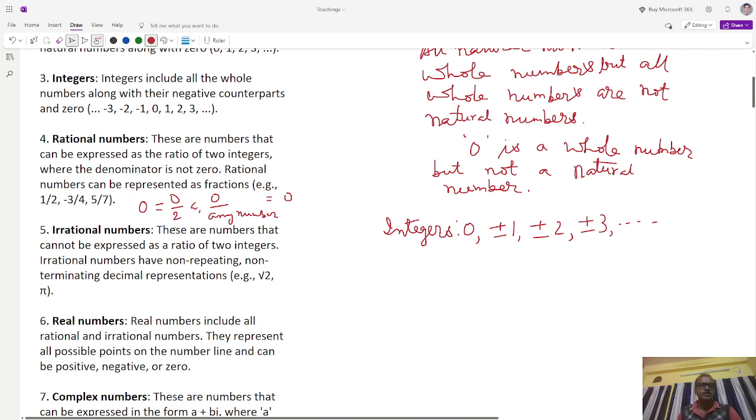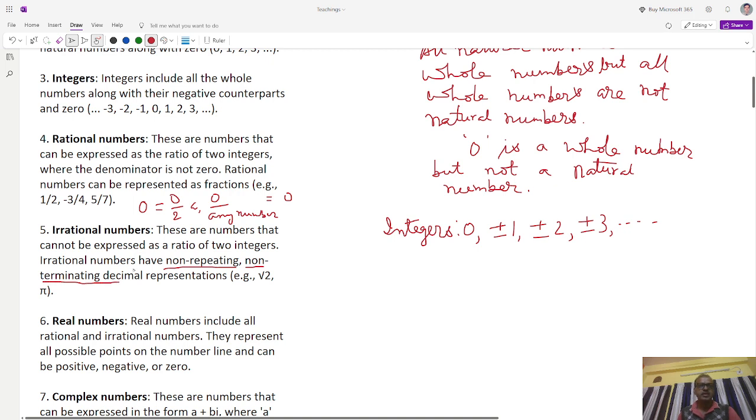Now, irrational numbers. These are numbers that cannot be expressed as a ratio of two integers. Irrational numbers have non-repeating, mind it, non-repeating, non-terminating decimal representation.